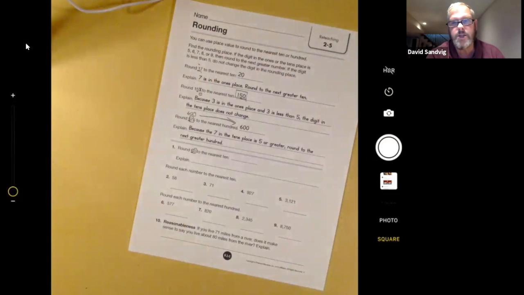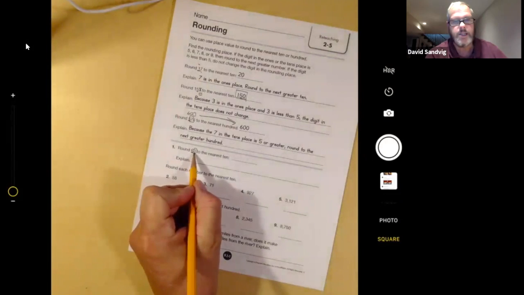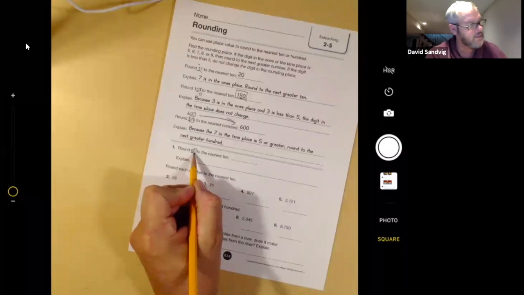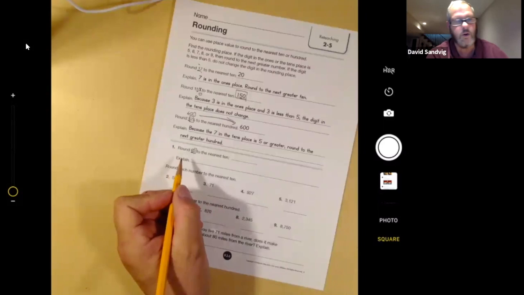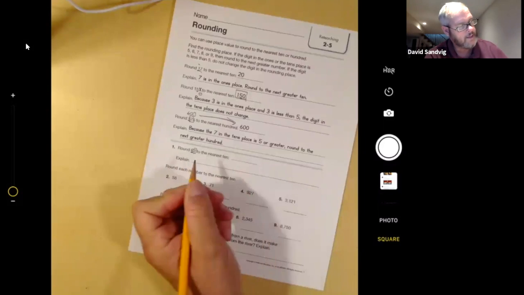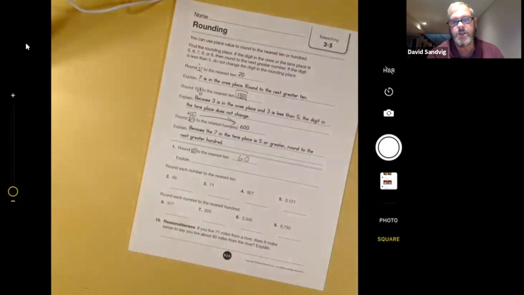Go ahead and pause the video, do your work, and then come back on and check. Because the number in the ones place is a 3, that is 4 or below. That makes the 6 stay the same, and all other numbers are 0. Your answer is 60.